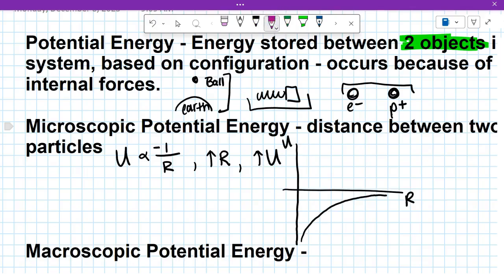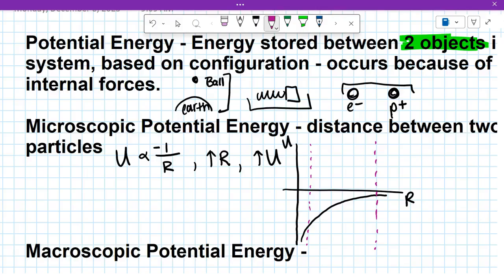If I have a very small r, I have a very negative potential energy. Now, the negative here is truly a negative number. It's not like force or velocity where negative means direction. So the magnitude of this potential energy is very large, whereas if I have a very large distance, the potential energy is less negative, so the potential energy has increased.